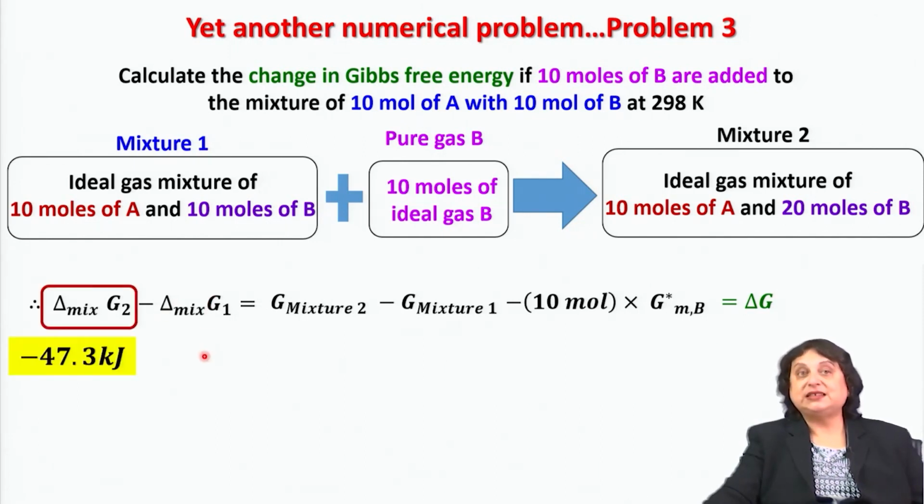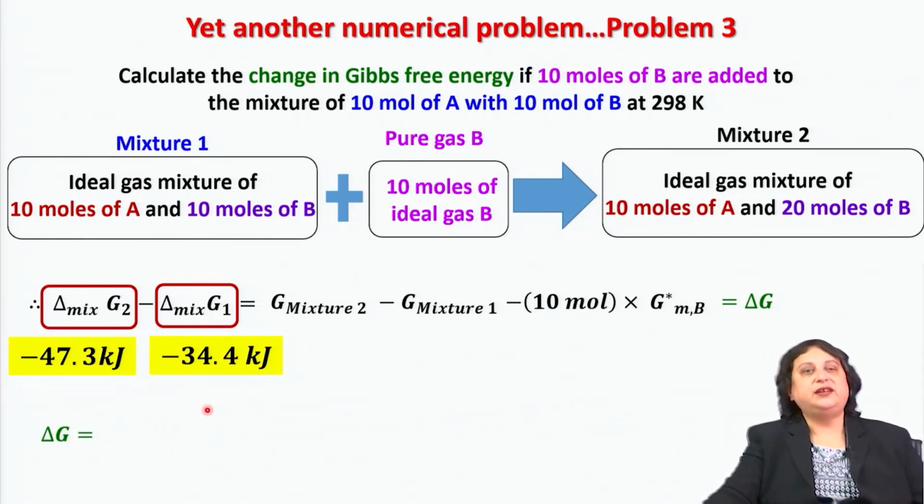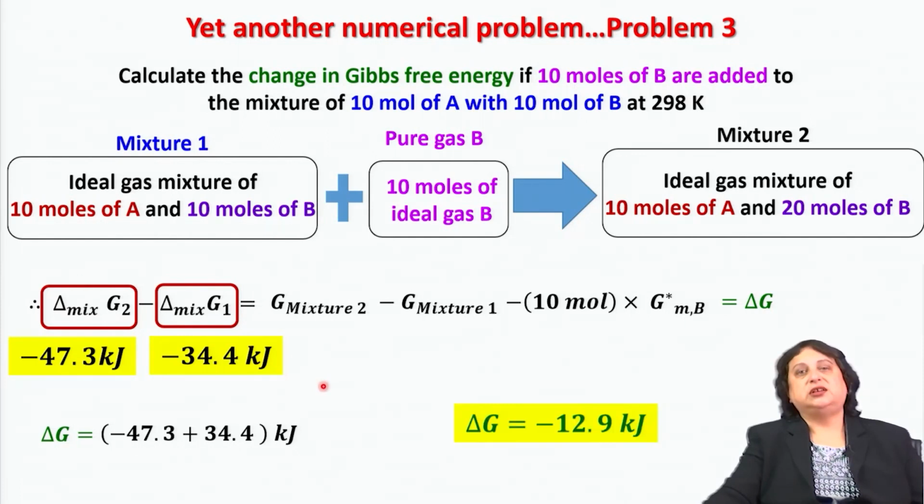The answer is yes, because I know that this quantity is minus 47.3 kilojoule and this quantity is minus 34.4 kilojoule. Therefore, it is a trivial task now to write down delta G as delta mix G2 minus delta mix G1, which now turns out to be minus 12.9 kilojoules.